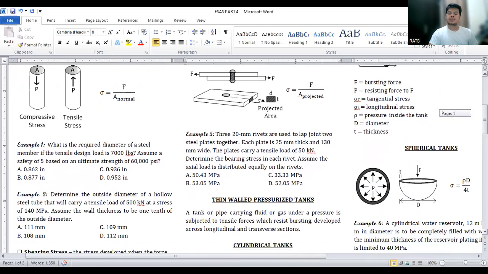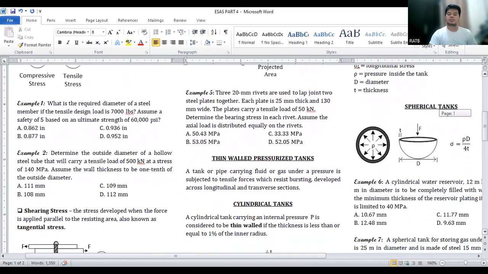And here it comes. Example number 5. In example number 5, this is almost the same as example number 3. But this time we are asked to calculate the bearing stress in each rivet.